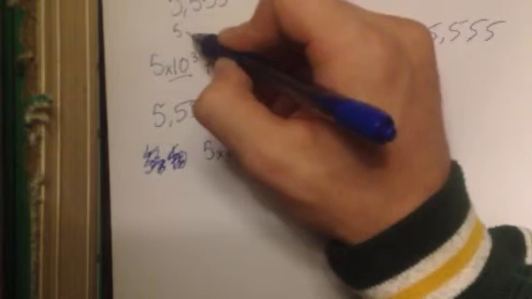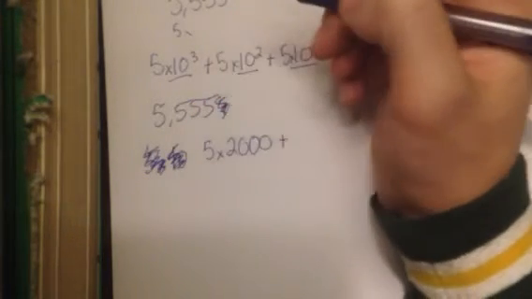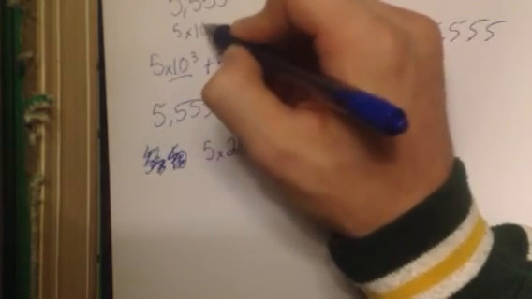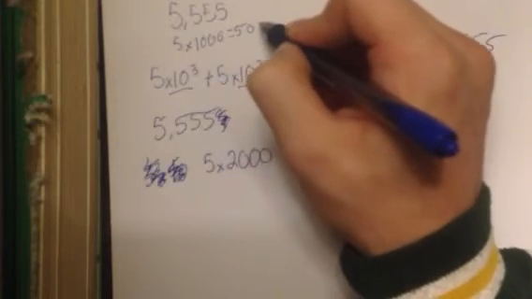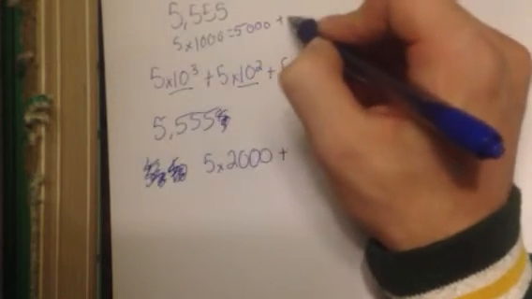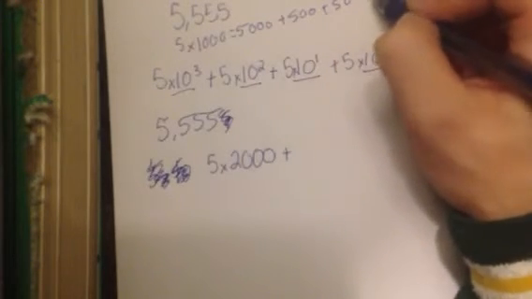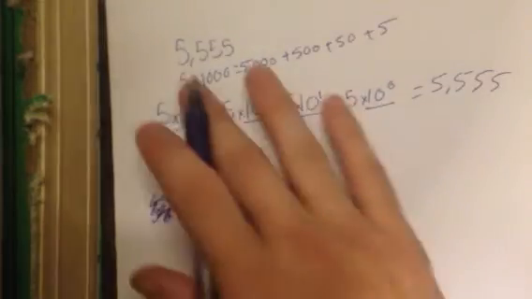So it's 5 times 1,000 equals 5,000. Plus 500, plus 50, plus 5. And that's how you get that number.